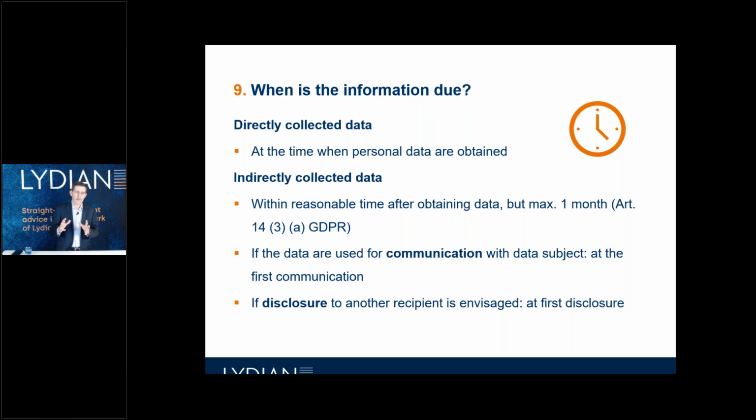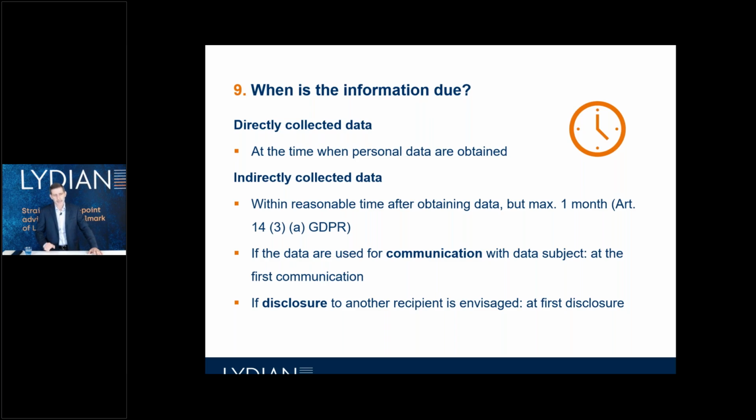If you're processing data that you have collected indirectly, via third parties, not from the data subject, in that case, the basic rule is that you have to provide the information within a reasonable time after obtaining it and at the latest within 1 month. But there are 2 specific rules that apply here too.